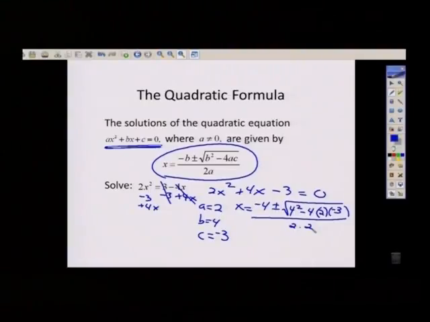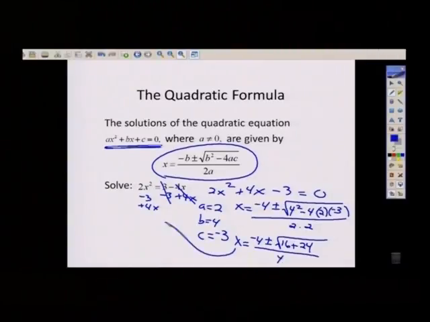So now we're going to do a little bit of simplifying. So we have -4 still on the outside. Here we have 16 minus, so we have 8, that's going to be a -24, so that's actually going to make that a positive 24 in there, with the minus and the negative, all over 4.